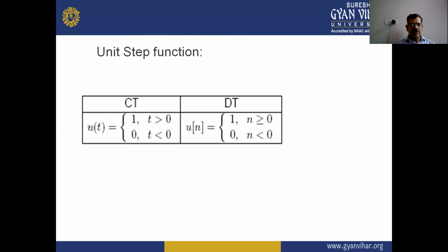This is the unit step function in continuous time signals. In discrete time signals, the unit step function u(n) = 1 when n is greater than or equal to 0, otherwise equal to 0 when n is less than 0. So these are the unit step functions in CT and DT signals.